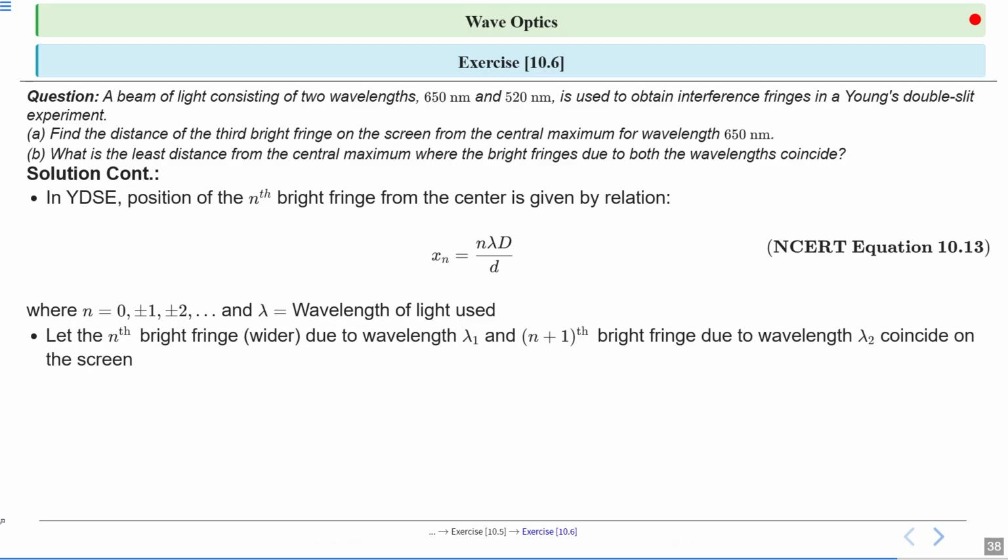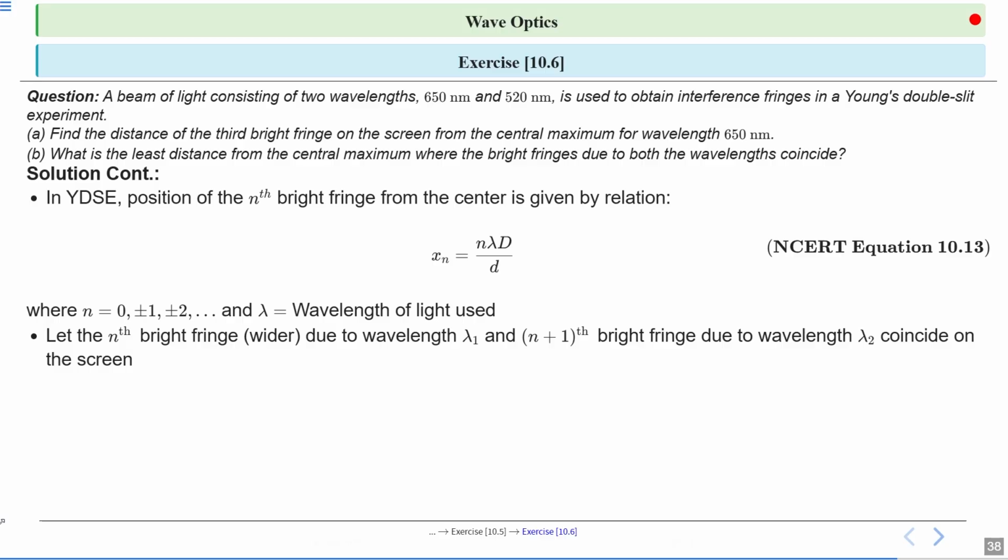So next, consider that due to lambda 1, wider bright fringes are formed, and due to lambda 2, thinner, less spaced fringes are formed as compared to the first wavelength. So a greater number of fringes will be coinciding with the lesser number of fringes due to lambda 1.